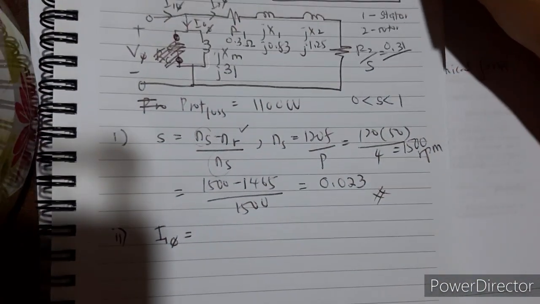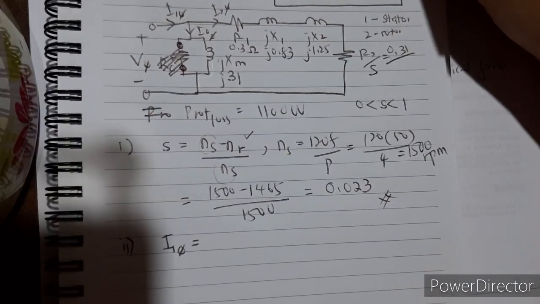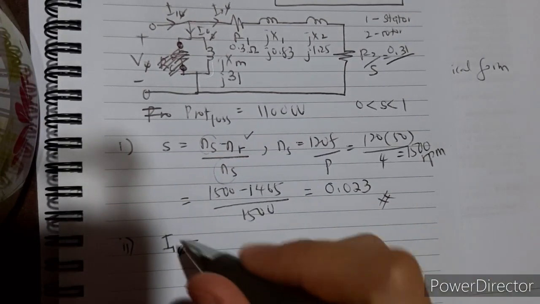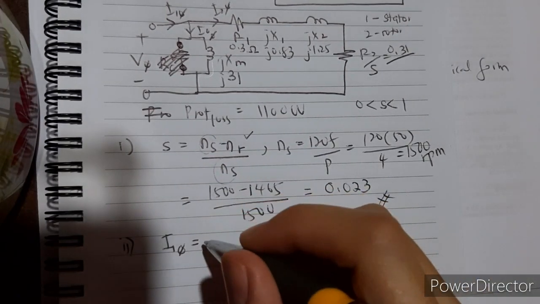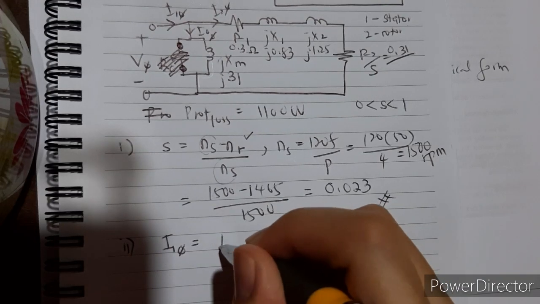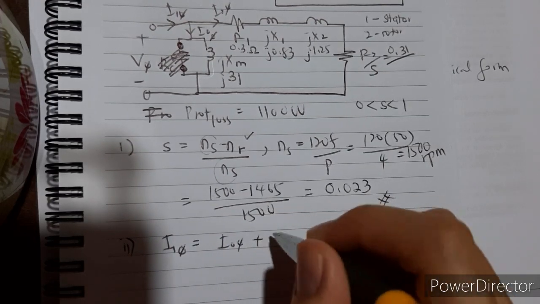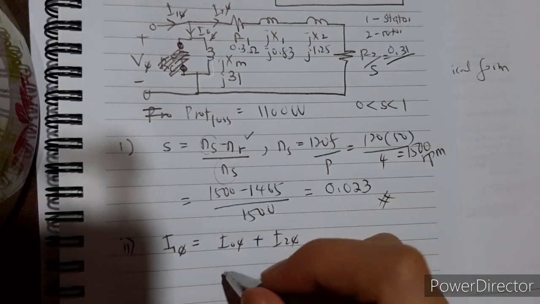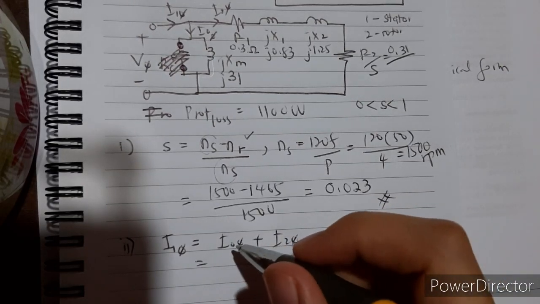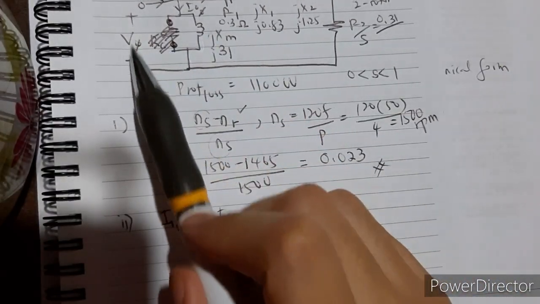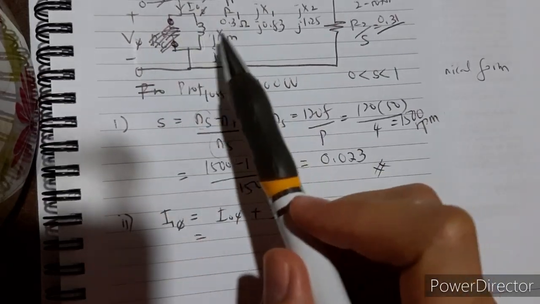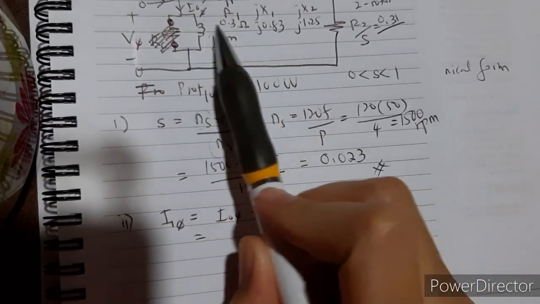That is okay. So the formula for I1 phase, KCL, equal to I0 phase plus I2 phase. So I0 phase equals to this V phase divided by whatever impedance you have here.